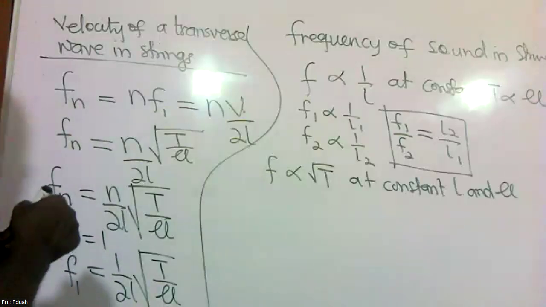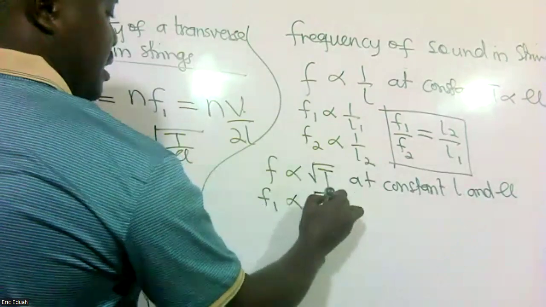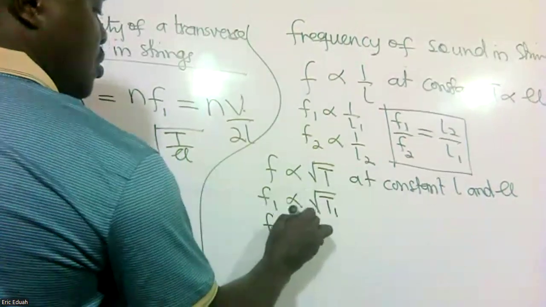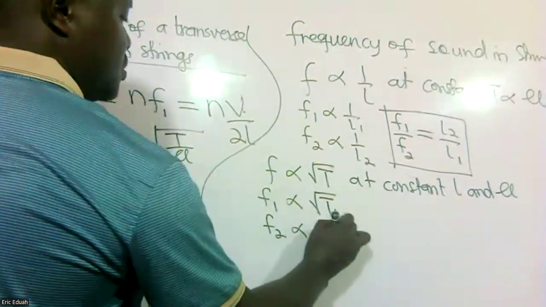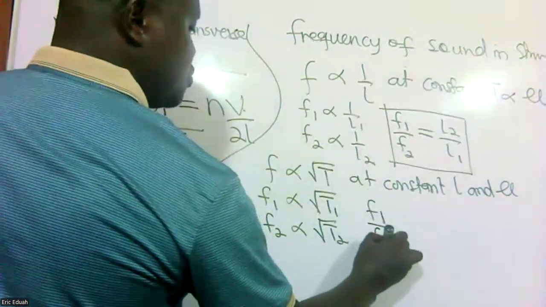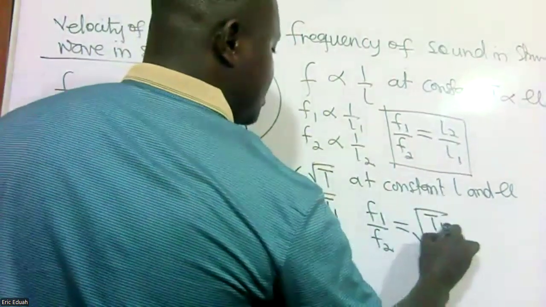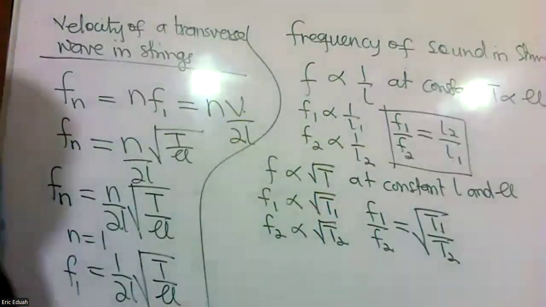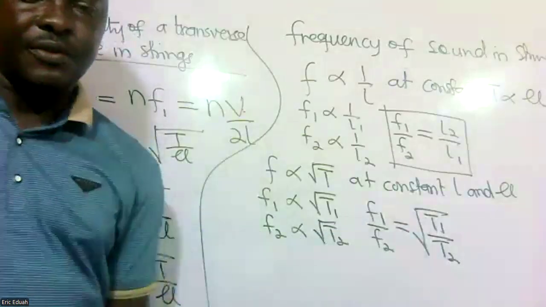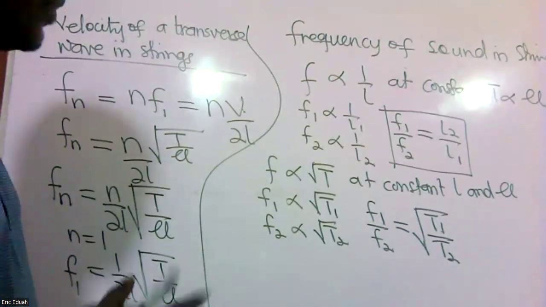What we can also derive is that F1 is directly proportional to square root of T1, and F2 is directly proportional to square root of T2. So F1 over F2 would be equal to square root of T1 on T2. So different frequency, different tension. So this is the second law which we can derive.